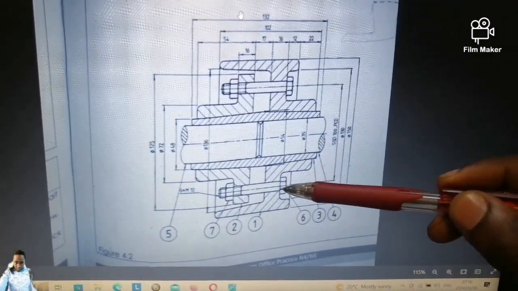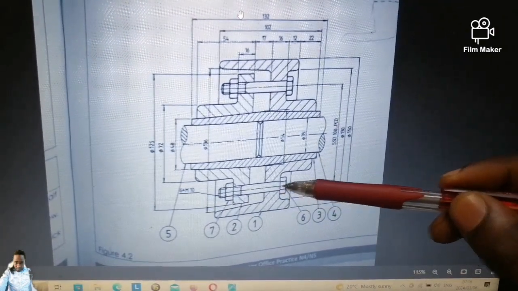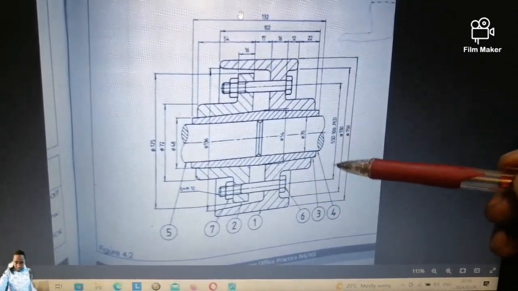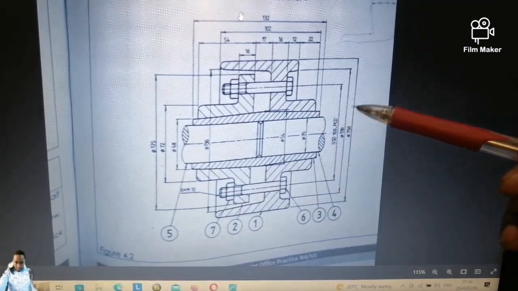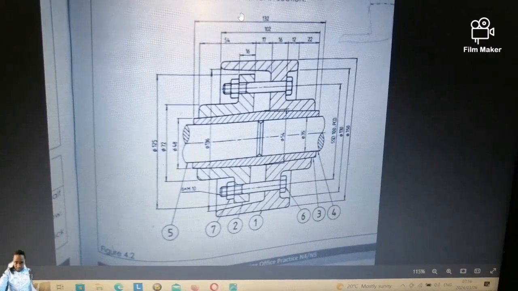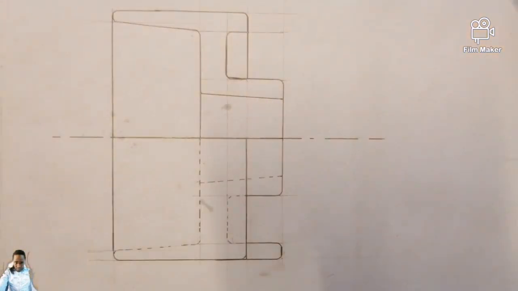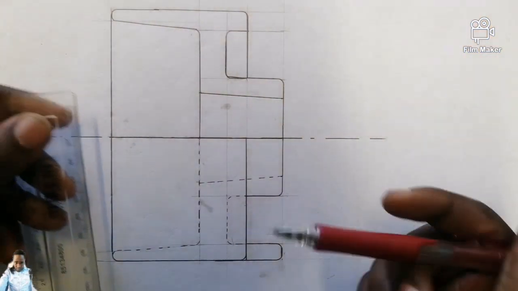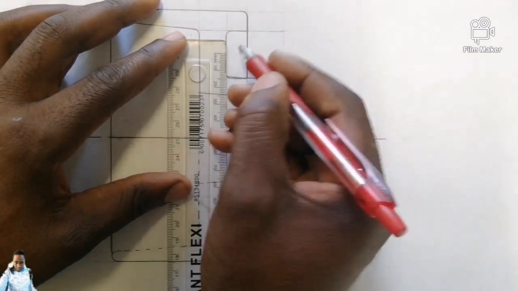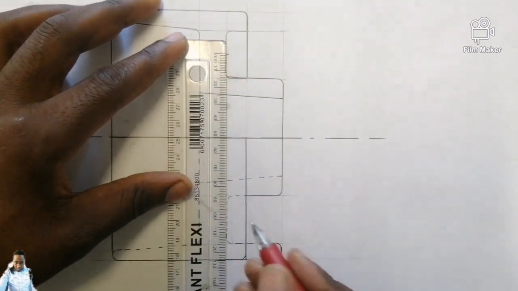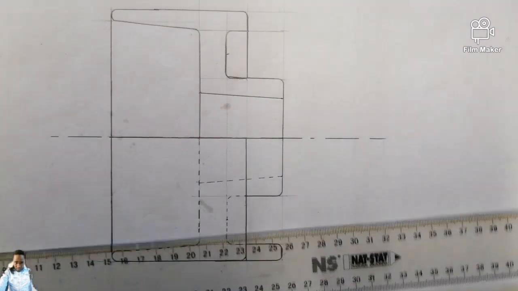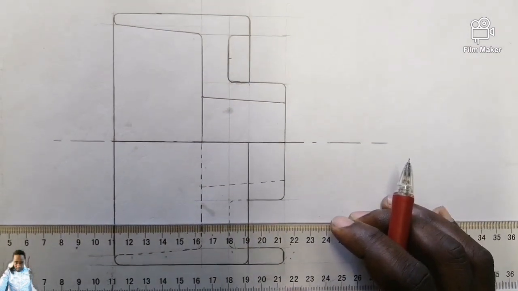To get their centers first, we are told this is the center, 100 millimeter PCD, pitch circular diameter, and that pitch circular diameter is the center, you understand? So we are going to say 50 this side and 50 this side. So there is your 0, and 100 millimeter is right here, and it's giving us the center.